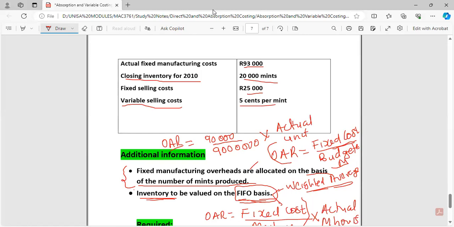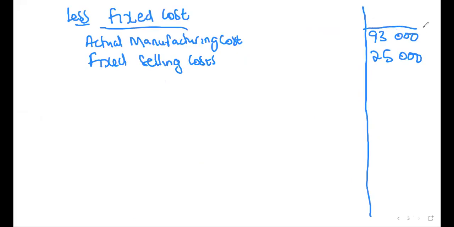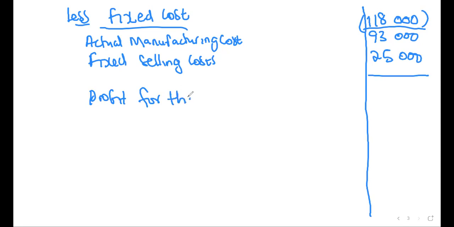Then we can calculate the total for fixed cost, which is 118,000. Then we have our profit for the year.